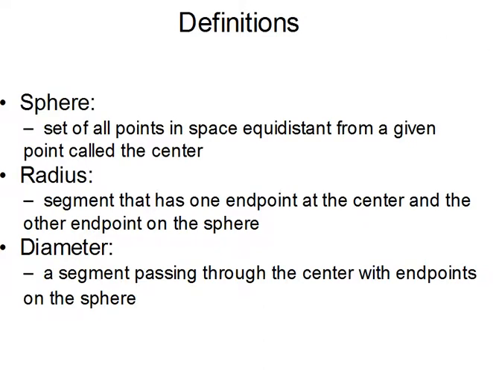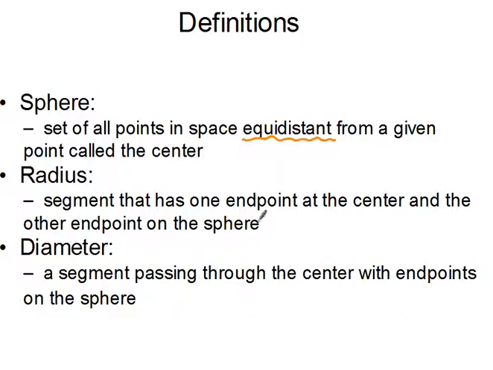Alright, so some definitions. A sphere, this is a ball. Think a ball. It's a set of all points in space that are equidistant from a given point called the center. So all these points that are equal distances from some point out in space, and that makes a sphere.